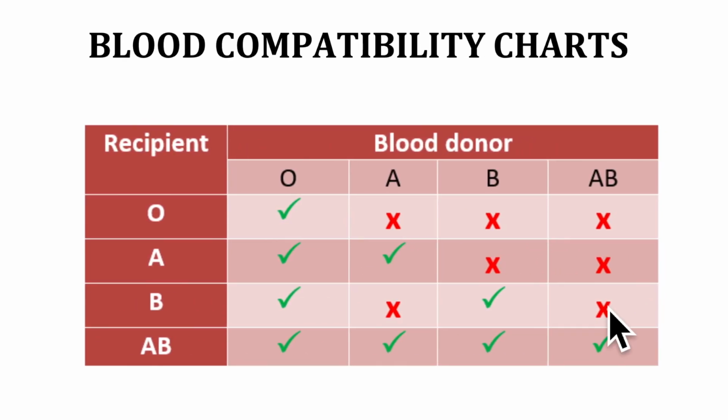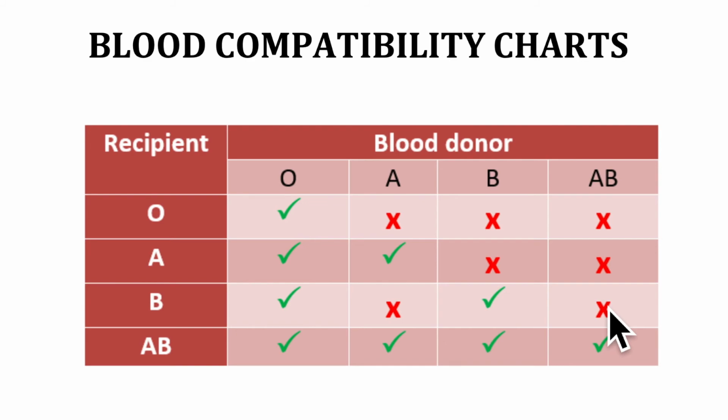Next thing we're going to be talking about is just some blood compatibility charts. You'll see it's just a little like a blood donor. Blood type O can only accept O blood types. Type A can receive O or A. Type B can receive B or O, and type AB can take just about everything.